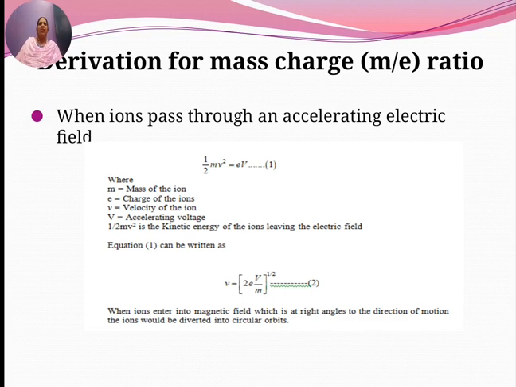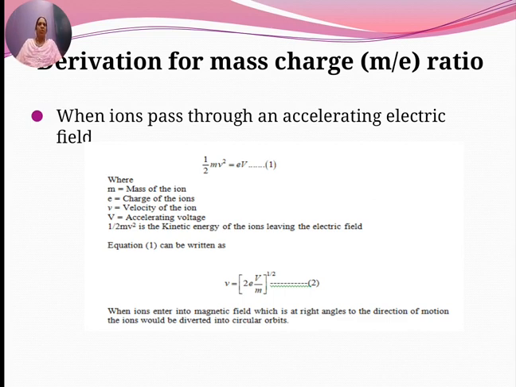The energy is eV, where V is the accelerating voltage. That is equal to half mv square, where m is the mass of the ion being detected, e is the charge of the ion, small v is the velocity of the ion, and capital V is the accelerating voltage. So half mv square is the kinetic energy of the ions leaving the electric field.